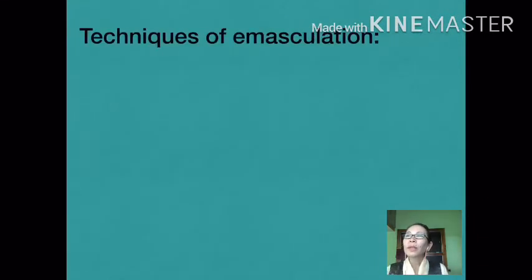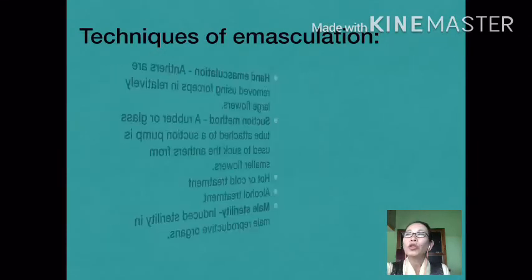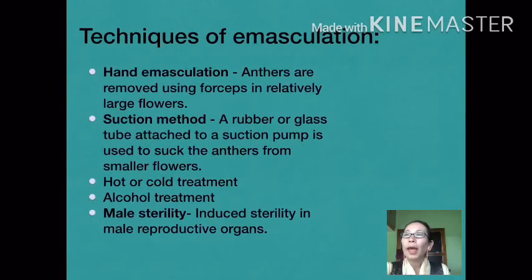Now, there are various techniques to do emasculation, such as hand emasculation. In this technique, the anthers are removed using forceps in relatively larger flowers. The second is called the suction method. This is used in smaller flowers, where the anthers are removed by a rubber or glass tube attached to a suction pump.